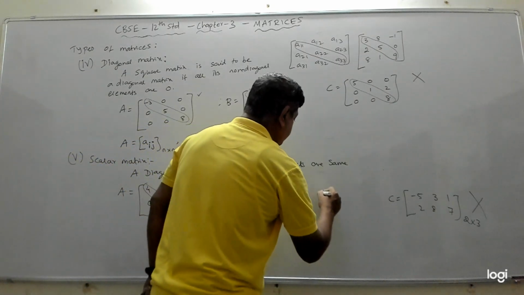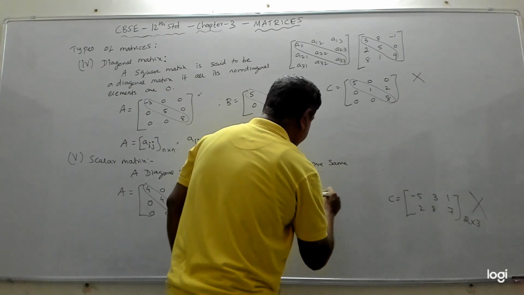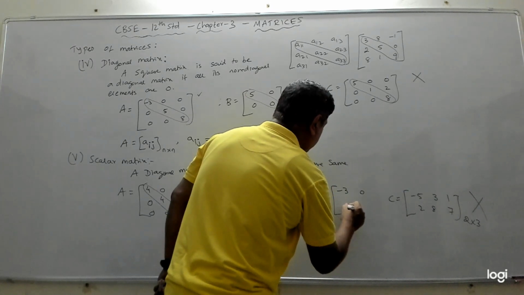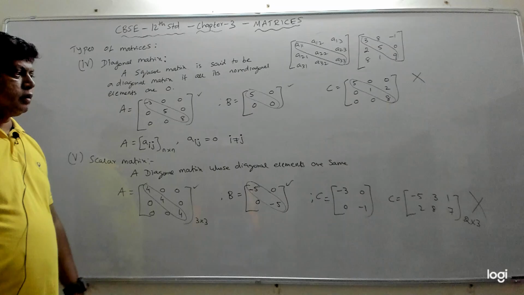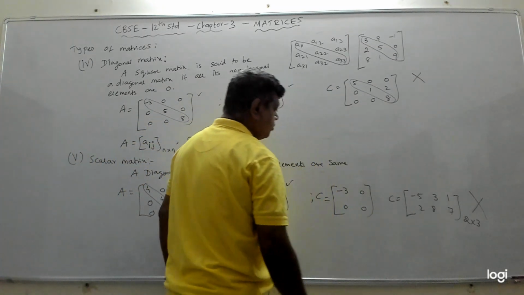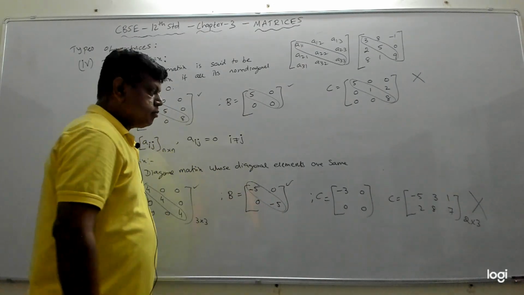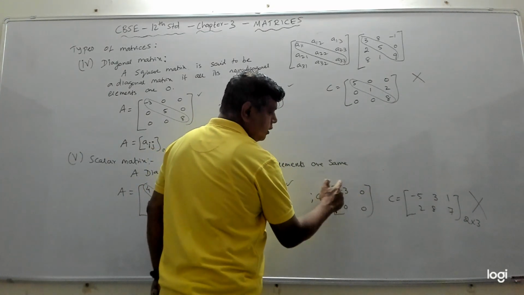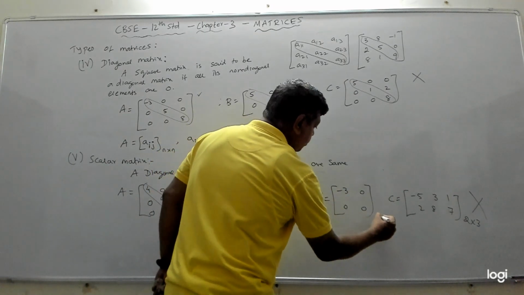Suppose I say C is another matrix, with diagonal entries -3 and -1, and 0 elsewhere. So this is a diagonal matrix because the non-diagonal elements are 0. These are diagonal elements, and obviously it's a square matrix of order 2 cross 2.